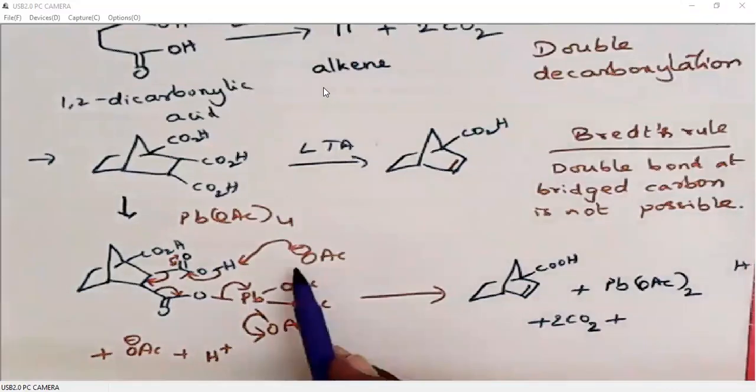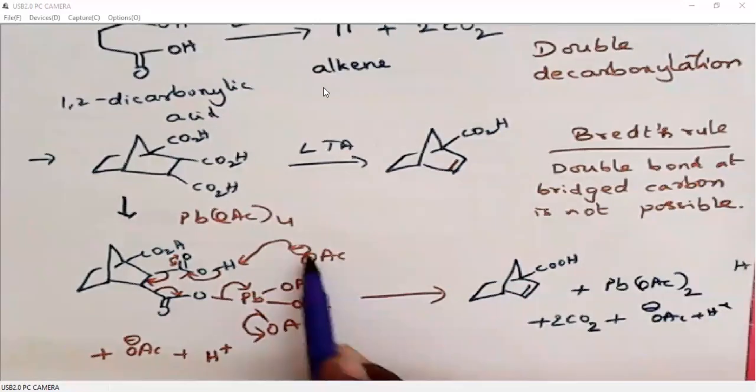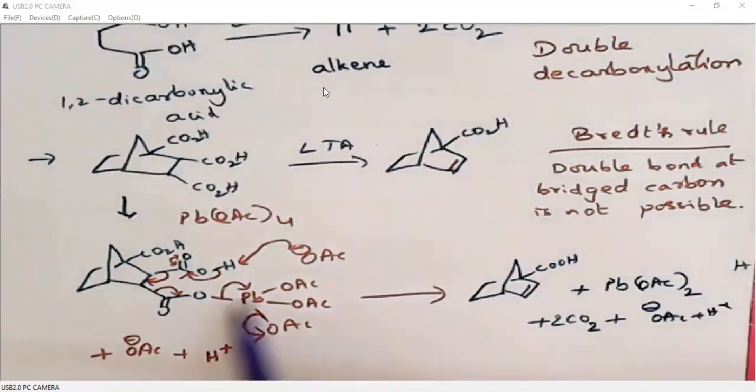Here it is OAc minus, acetic acid. This acetic acid we have already discussed here, so I am not repeating it. We are losing one more acetic acid that I am discussing here.